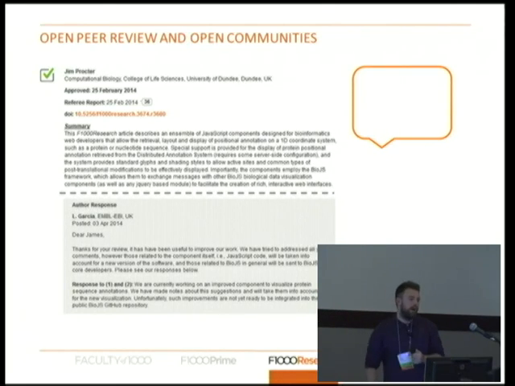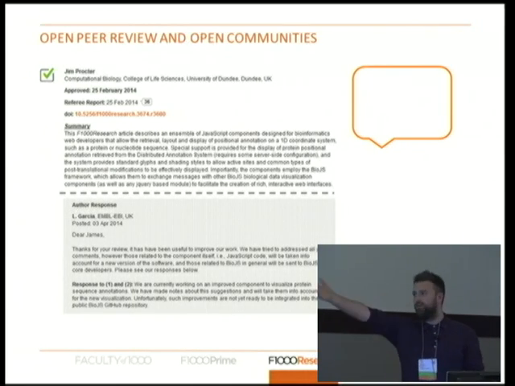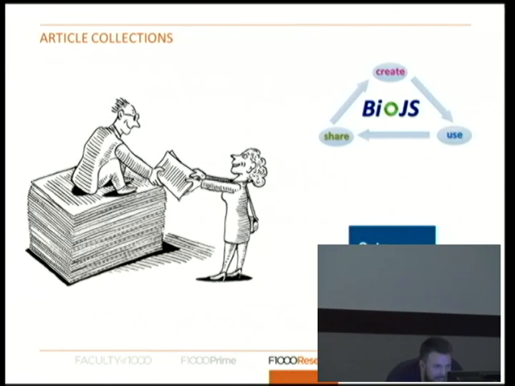So instead of being a battleground for peer review warfare, why not have a nice conversation? Here we have a referee who has given some things that the author might want to look into, the author's responded, and also the community can join in. So let's make it harmonious.